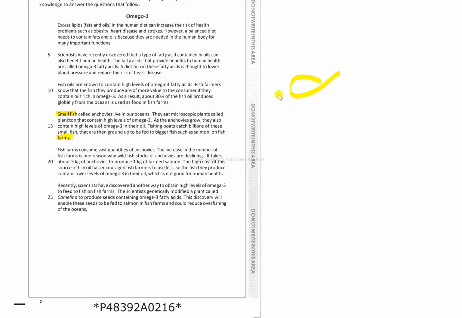Small fish live in our oceans. They eat microplankton, and they are then fed to salmon. So look at this. This is the food chain.